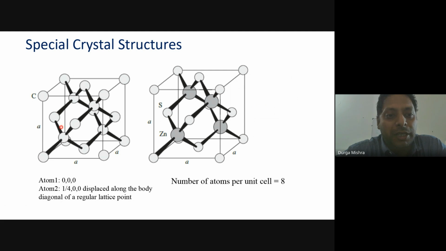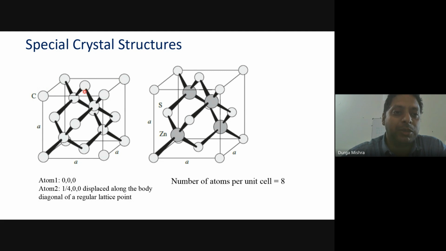This is special in the sense that it is an FCC structure, but you have two different sets of carbon atoms. One set of carbon atoms forms one FCC lattice, on the corners and then on the faces.